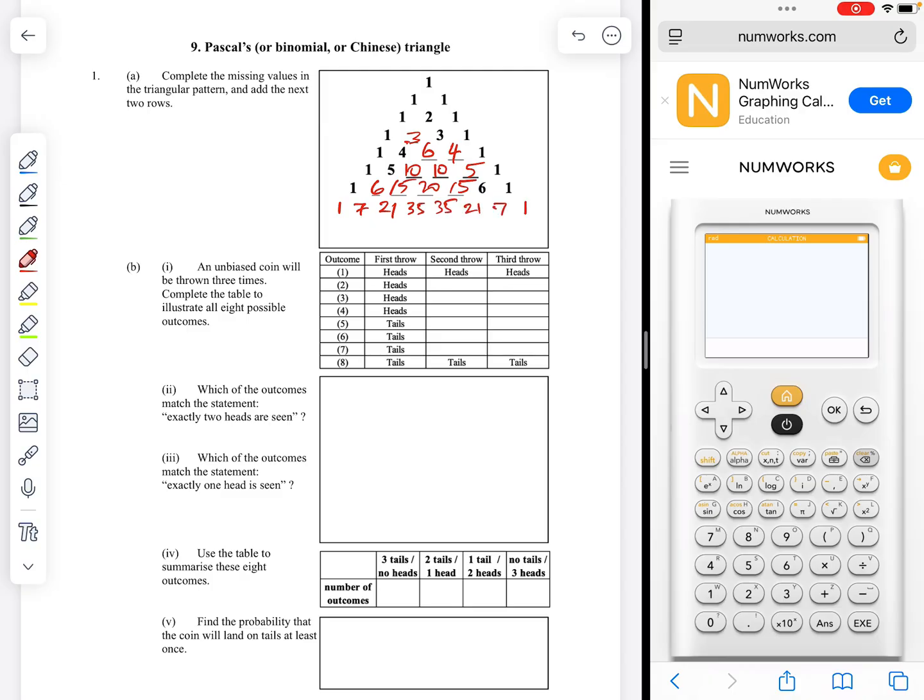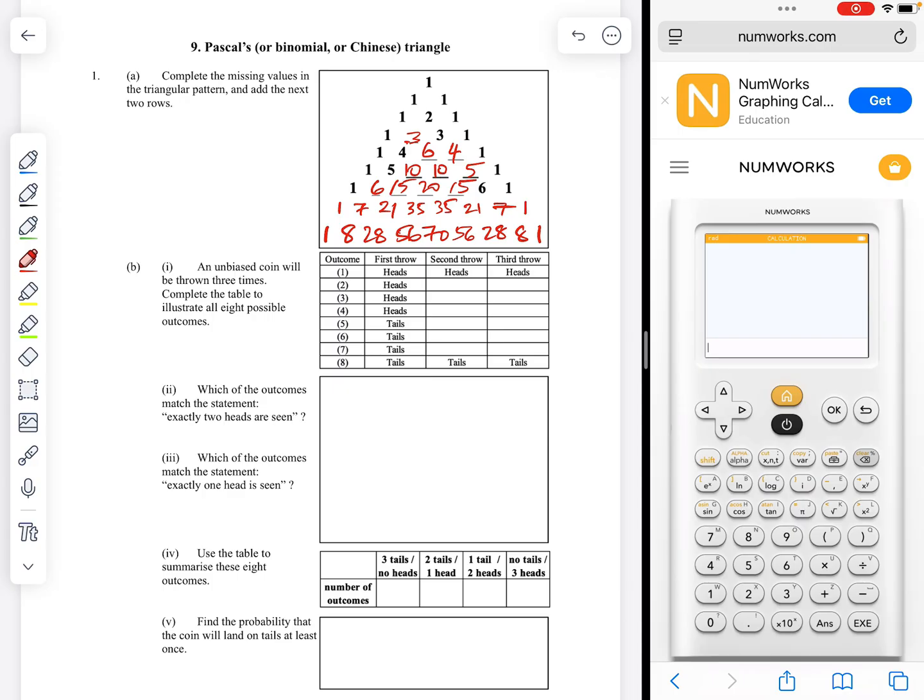It then comes back the other way. A final row with 1s on the outside. 1 and 7 is 8, 28, 56, 70 in the middle, 56, 21 and 7, 28, 8.